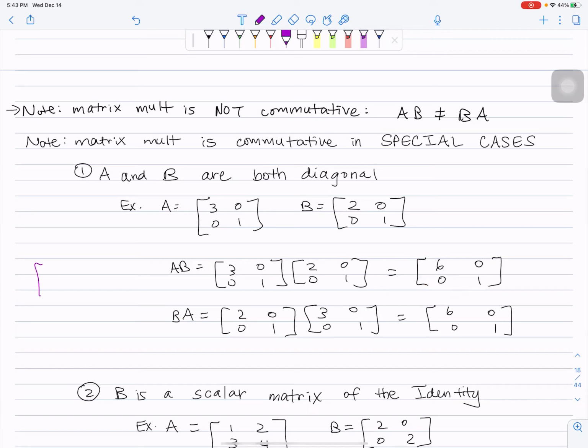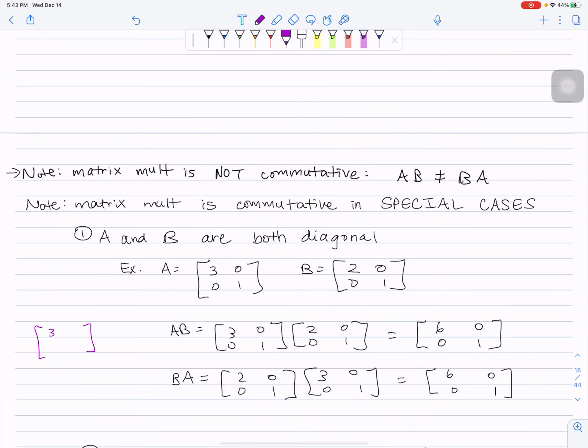Note that to be a diagonal matrix, it just means all the non-zeros have to be on the diagonal. So for example, let me make it a bigger matrix. Let me say 3, 0, 2, 0, 0, 0, 0, 0, 0. This is still a diagonal matrix, even though there's a 0 here, because as long as all my non-zero terms are on the diagonal, it's a diagonal matrix.